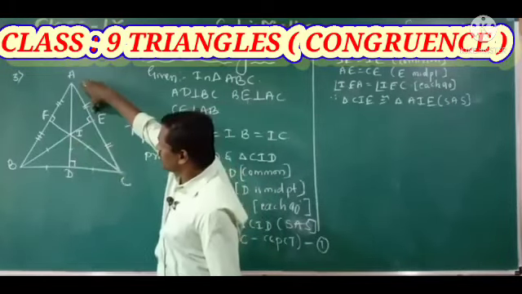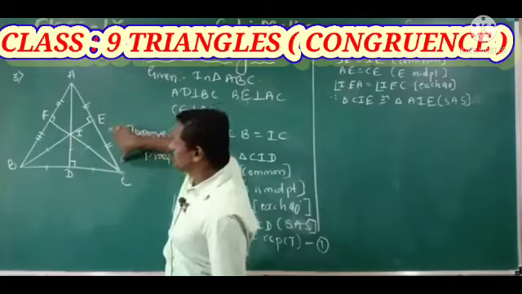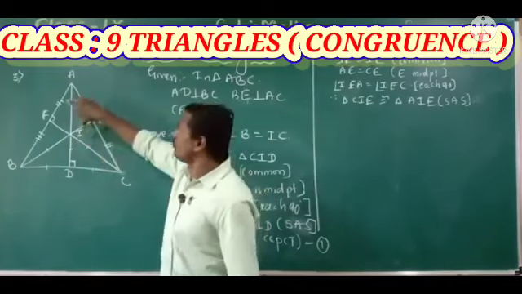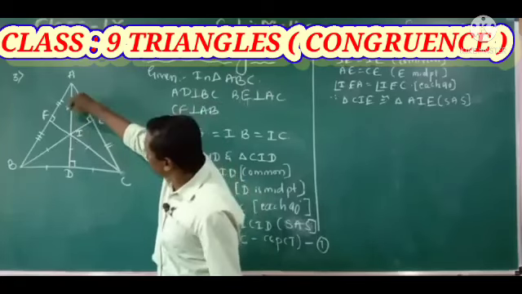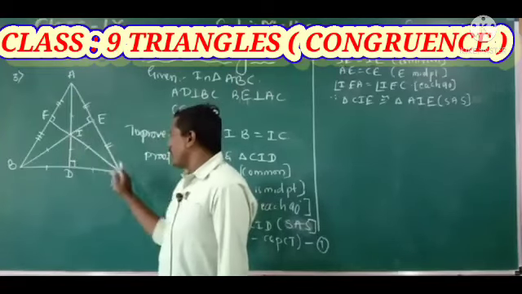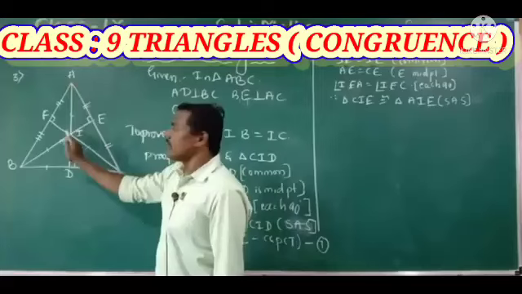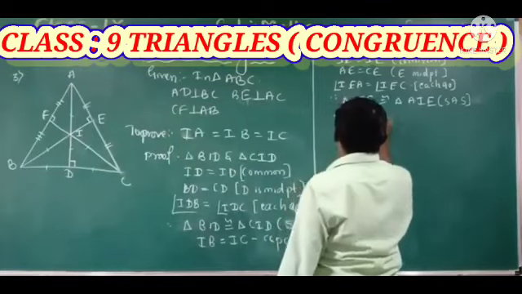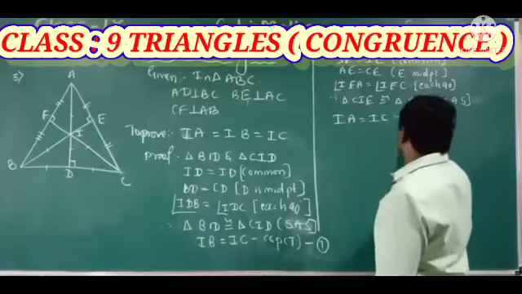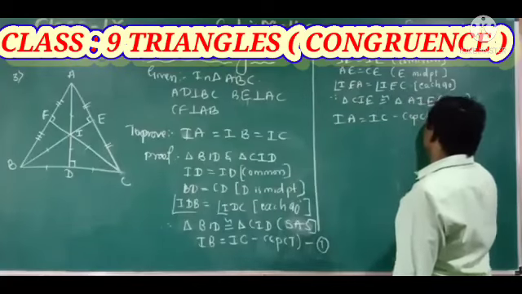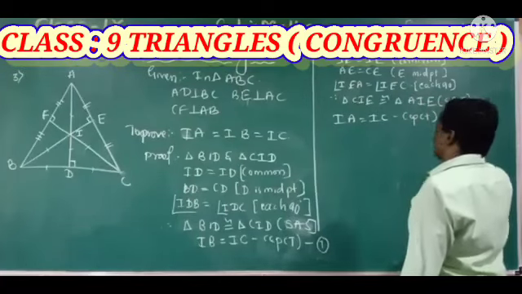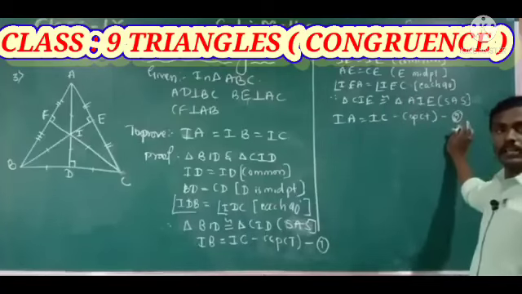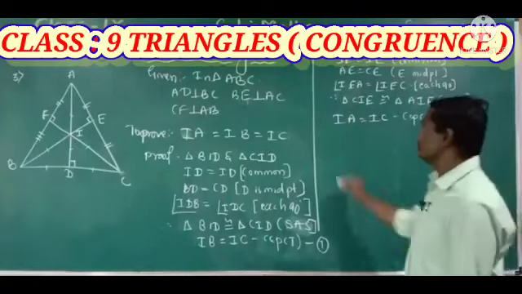We already considered AE equal to CE and IE is a common side. So the remaining sides are IB, IA and IC. So IA is equal to IC by CPCT. Consider that one as equation 2.